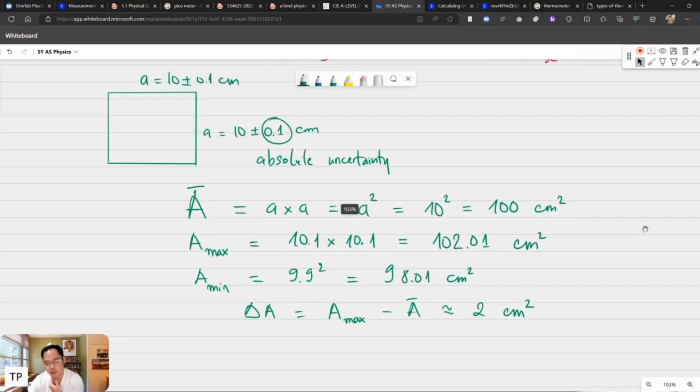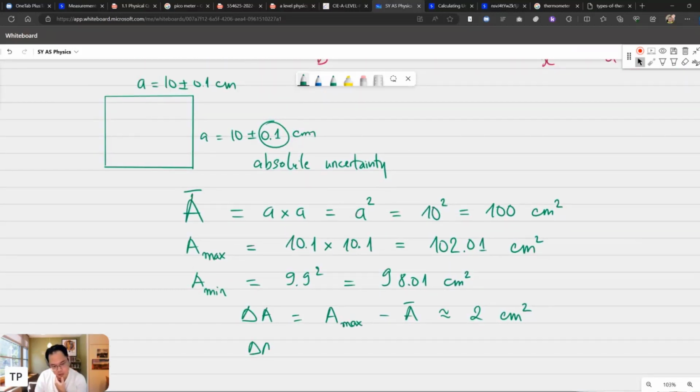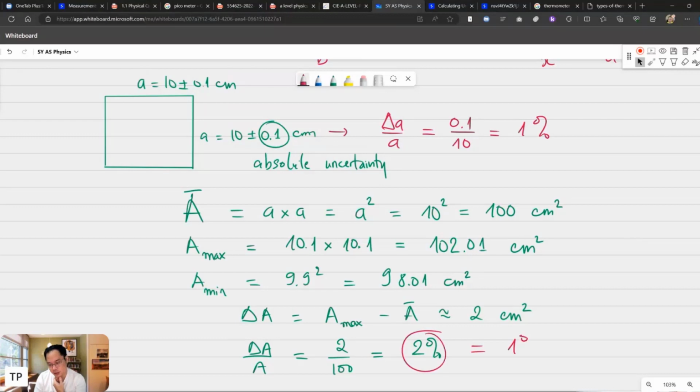And the percentage uncertainty will be delta A over A, 2 centimeters square over 100, 2%. And you see that the percentage uncertainty of this A, delta A over A, is 0.1 over 10, meaning 1%. Okay? So this 2% is 1% plus 1%, actually 2 times 1%. That is just because we replace the width and the length by the same thing, this side and another side the same value. So multiply with 2.